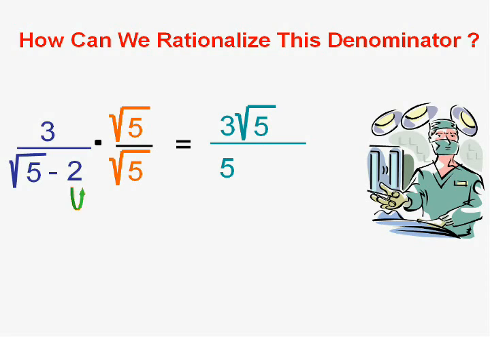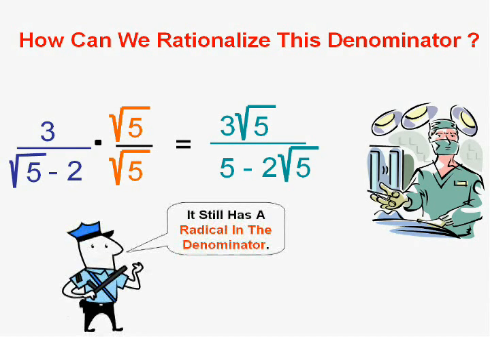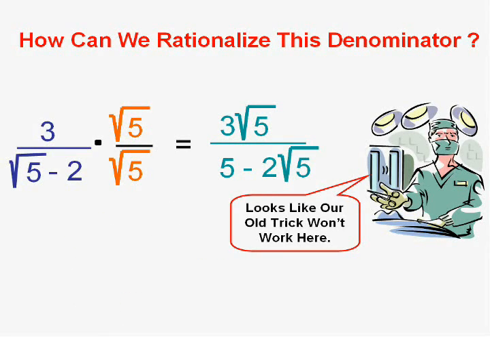In this case, though, we also have to multiply the radical 5 by the number, and we haven't helped ourselves because we still have a radical in the denominator. Now, this is only going to occur when we have a plus or a minus in the denominator. So that's when we're going to have to use a new trick. Oh, it didn't work. Okay, but we'll have a new trick for you.